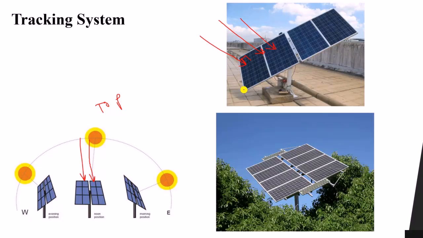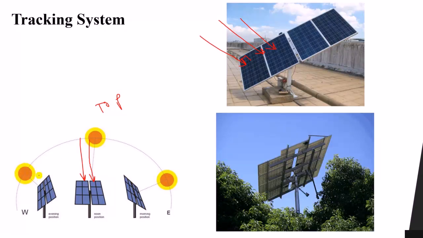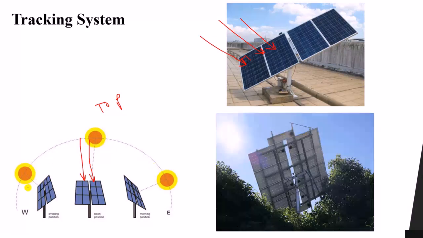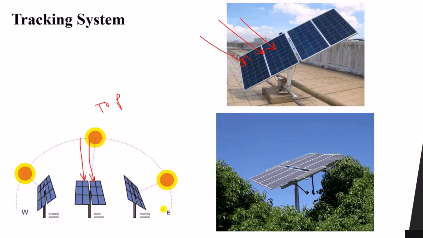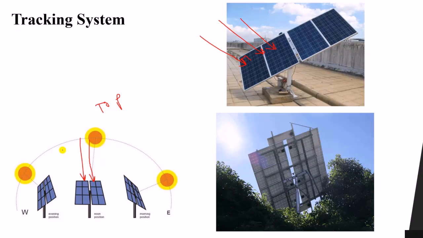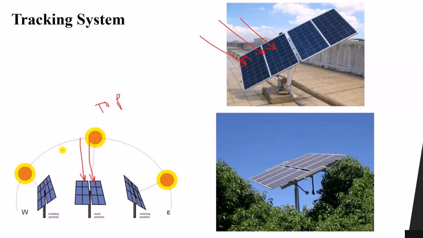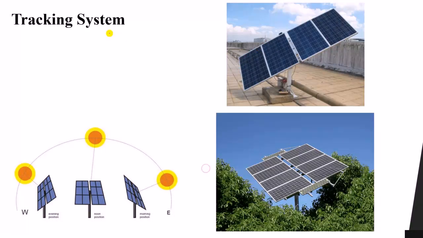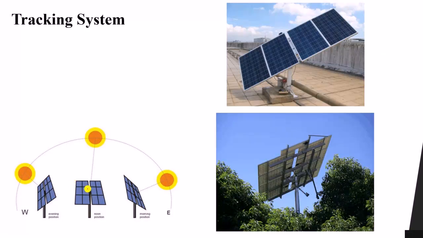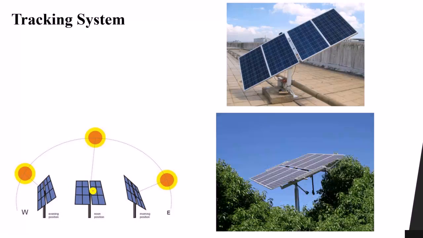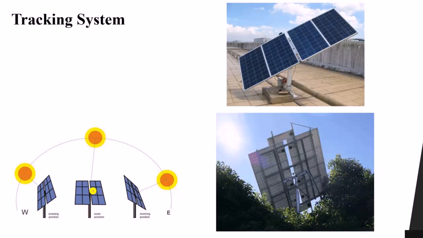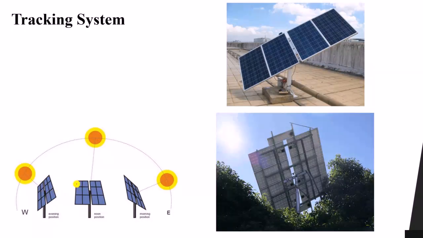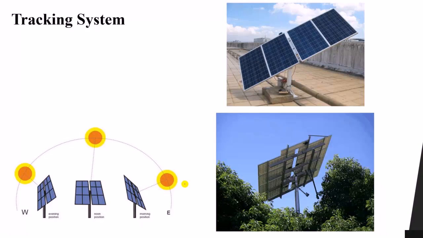As you know, the sun itself is moving through the whole day and also through the different seasons. So we can use something called the tracking system in order to change the orientation or the angle of this PV panel so that it will always track the sun to produce the maximum power.